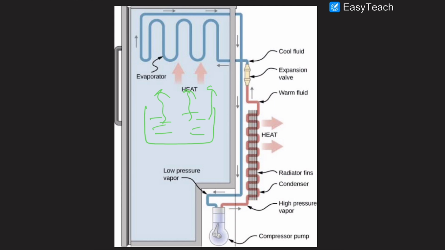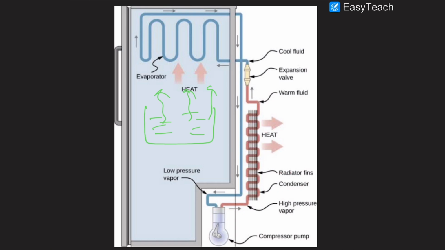There is a fan behind these fins which throws the heat outside, and the heat contained by the high pressure vapor in the condenser coil is thrown out through the fins by that fan. This heat is absorbed by the atmosphere, which is obviously the source in this case.